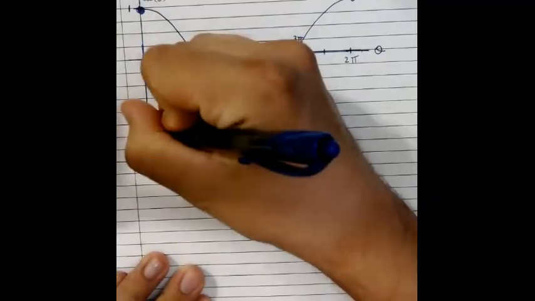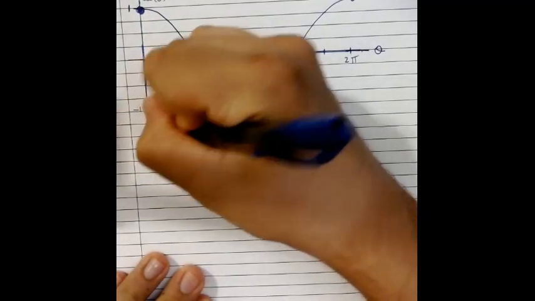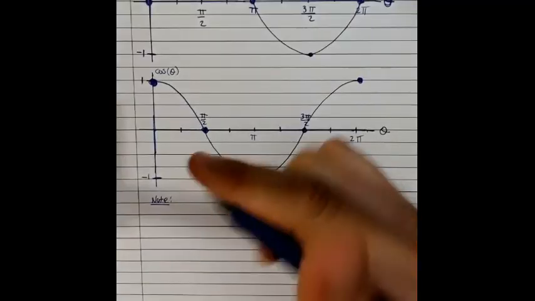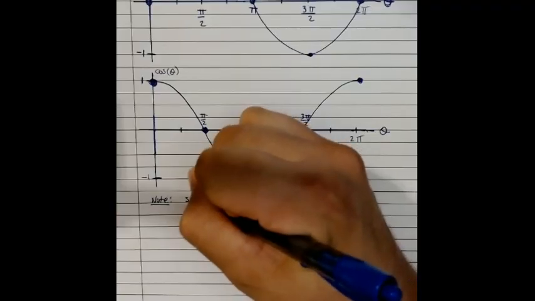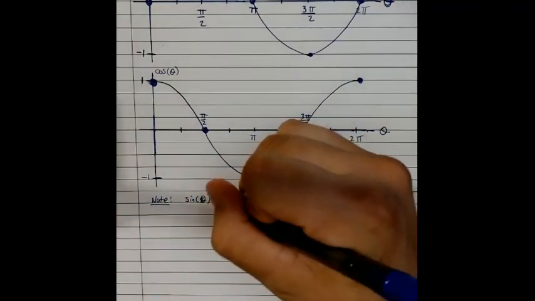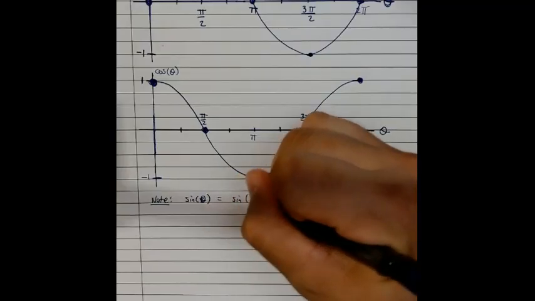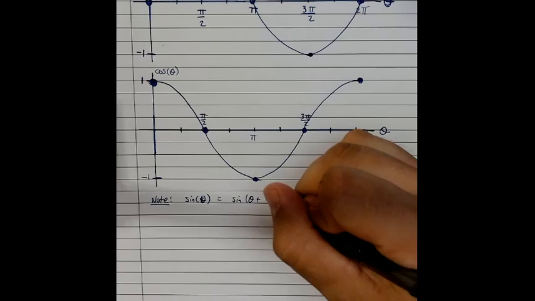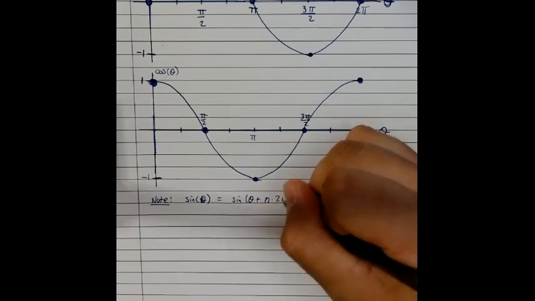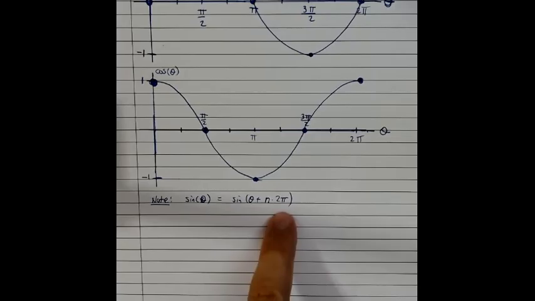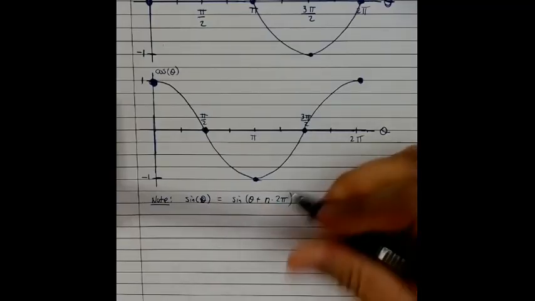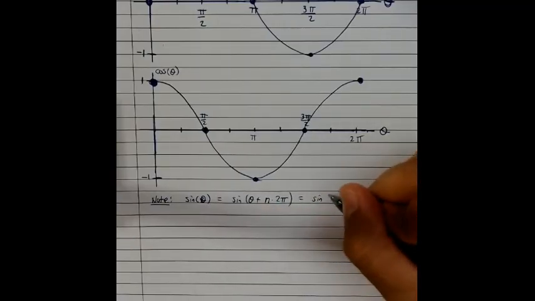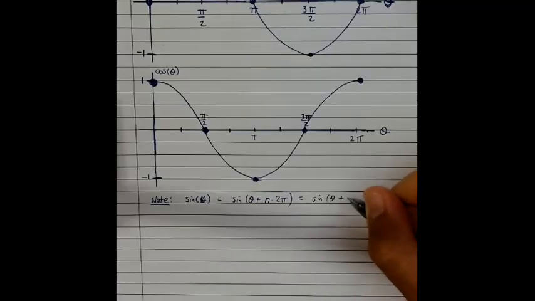So note from the definition of a periodic function combined with these graphs, we can write that the sine of theta is equal to the sine of theta plus n times 2 pi. Often that's written as 2n pi. You can write it as n times 2 pi. However, in just about every book you'll ever see, including this one, they write it as 2n pi.